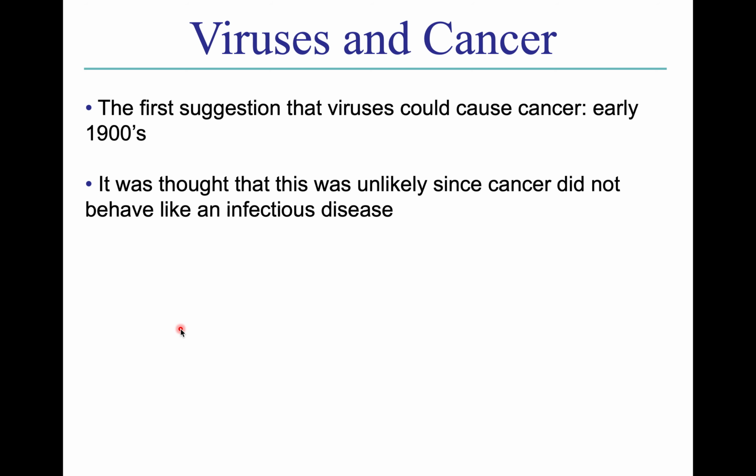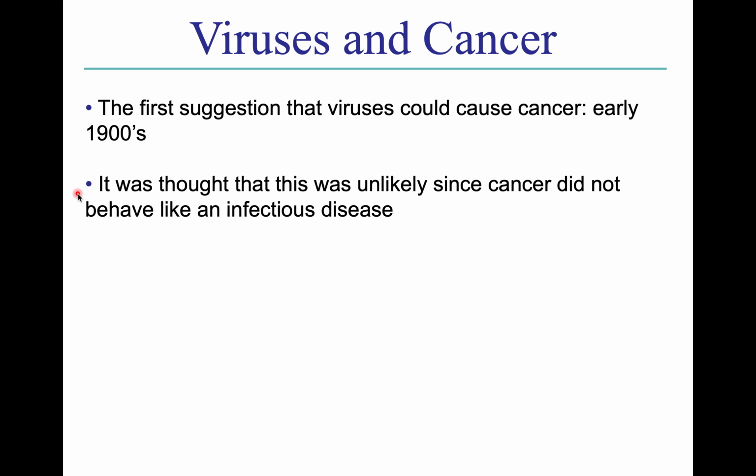So this whole idea that viruses could cause cancer really came about in the early 1900s thanks to the research of Peyton Rous, which I'll go through here in a second, and we've already touched on in a previous chapter. But in general, people didn't think cancer was caused by infectious agents because cancer itself doesn't really spread like an infectious disease, right?